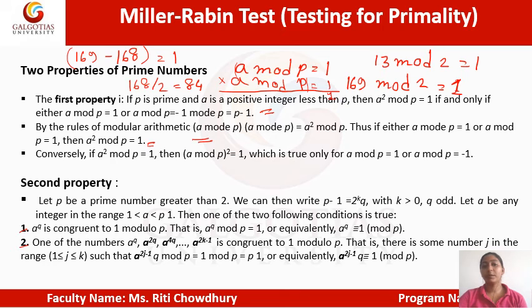This is the first property. The second property is what? For any number, a to the power q, a to the power 2q, up to a to the power 2 to the power k minus 1 times q, is congruent to 1 modulo p. Then there is some j in the range of 1 to k such that a to the power 2 to the power j minus 1 times q mod p is equal to minus 1 mod p.